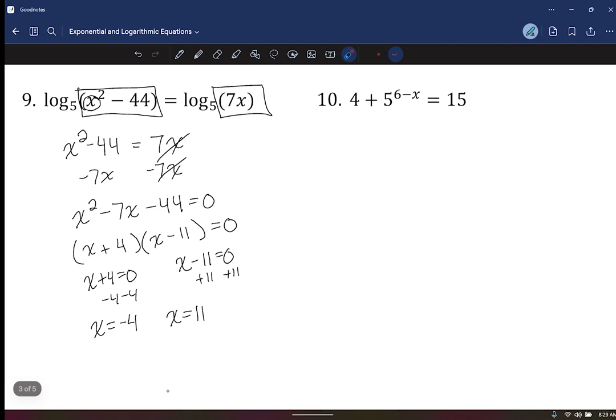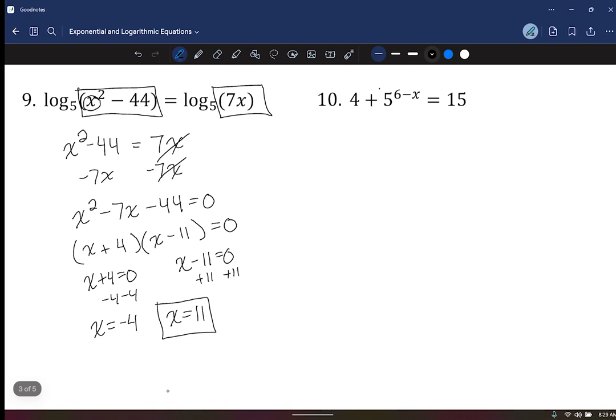Well, that's negative 28. I can't use negative 4. That's considered extraneous. So try 11. 11 squared minus 44, that's positive. 7 times 11, that's positive. So 11 is an answer that works. So negative 4 is extraneous and 11 is your actual answer. All right, we only have to worry about that if there's a log in our original equation that we are given.